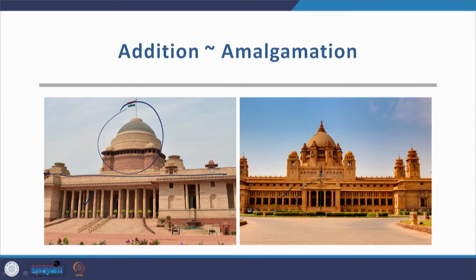This porch in front is traditional Indian, whereas this entire entrance is not. So there is that difference between addition and amalgamation. Does it work? I believe it does. I believe even in the Rashtrapati Bhavan it works, but the kind of fusion we see in Indo-Saracenic is not there in Rashtrapati Bhavan.